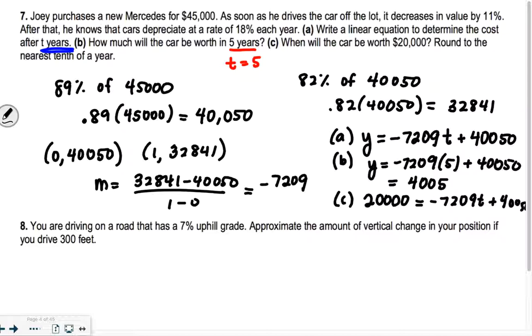So I'm going to take that 20,000, subtract out the 40,050, and divide by that negative 7,209. So I got t equals 2.78124566. It says round to the nearest tenth of a year, so 2.8 years. Okay, does that make sense?